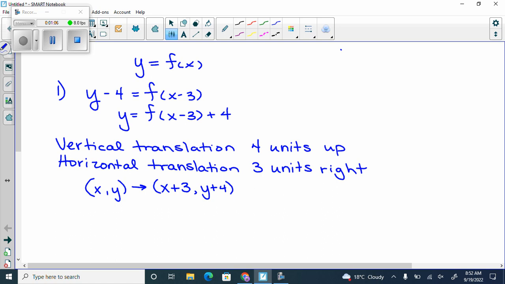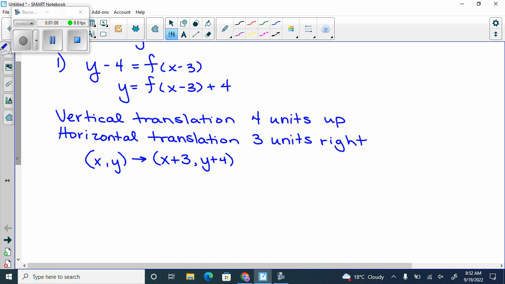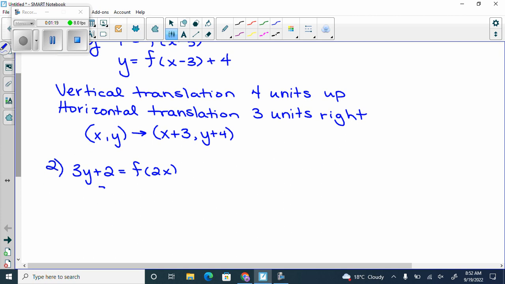So that was number 1. Number 2. We have 3y plus 2 equals f of 2x. So we subtract our 2 first. Then what do we have to do?